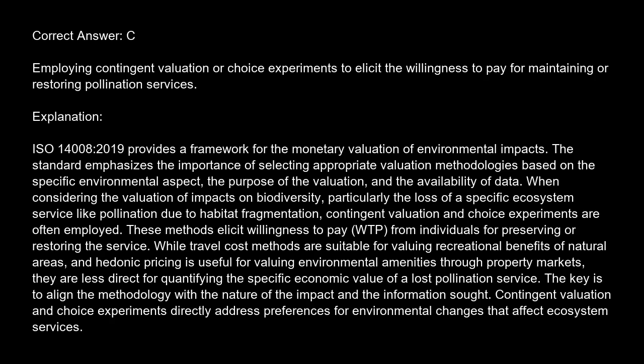They are less direct for quantifying the specific economic value of a lost pollination service. The key is to align the methodology with the nature of the impact and the information sought. Contingent valuation and choice experiments directly address preferences for environmental changes that affect ecosystem services.